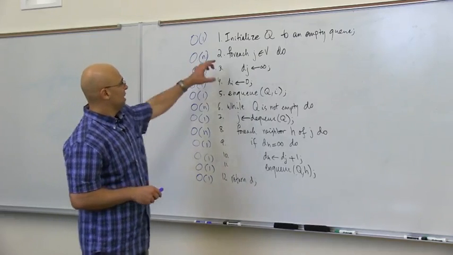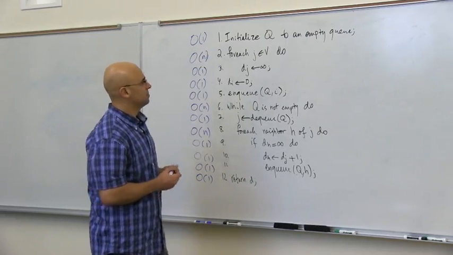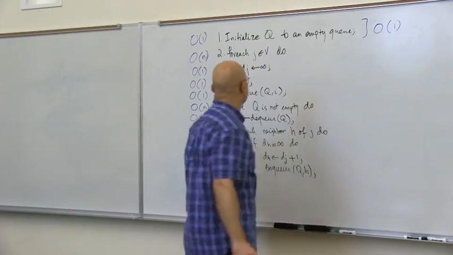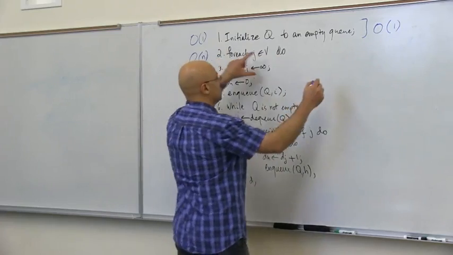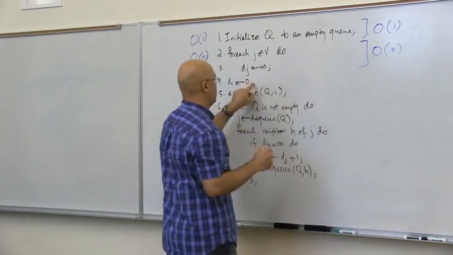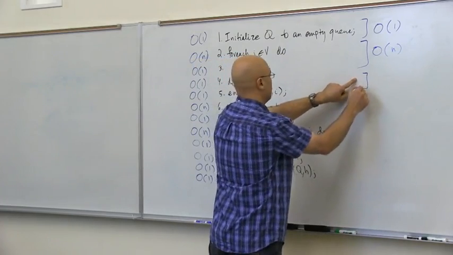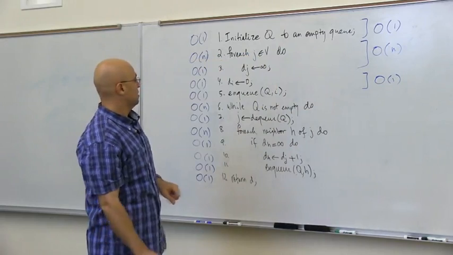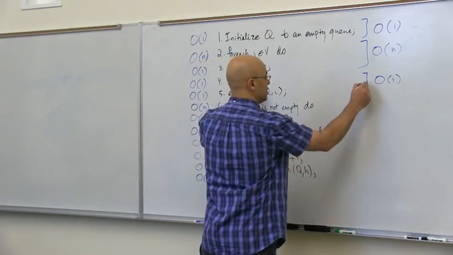Okay? So we have O of 1 here. Then this loop here is going to take O of n. This line here is going to take O of 1. These two combined are going to take O of 1.